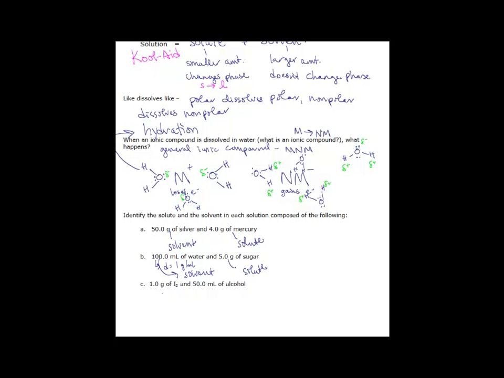The smaller amount, way smaller amount, is iodine, so this is going to be your solute. This will be your solvent. So alcohol is your solvent, iodine is your solute. So for this section, if it's not explicitly stated, assume your solvent is water. So we're going to be dealing with water-based solutions quite a bit unless it's otherwise explicitly stated.